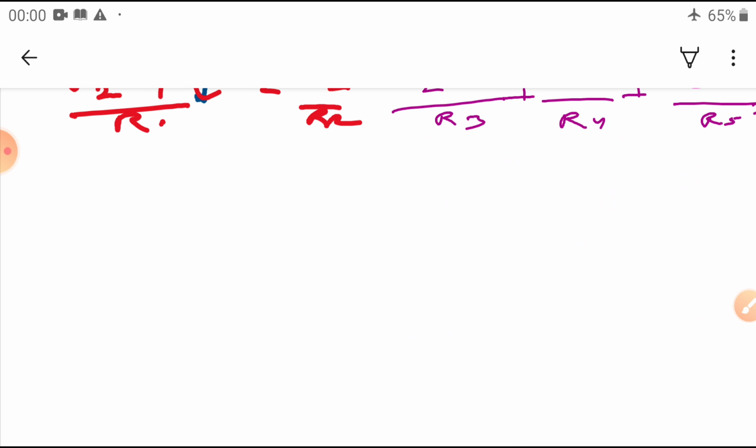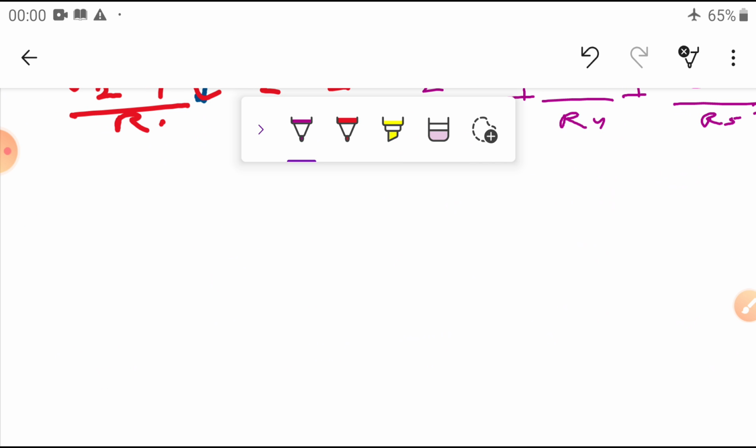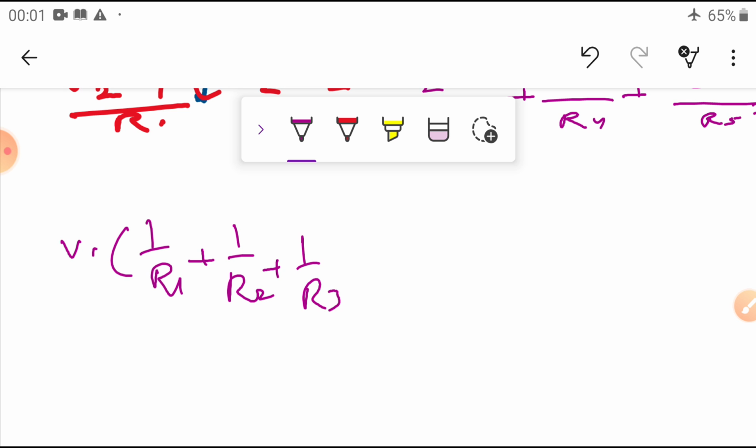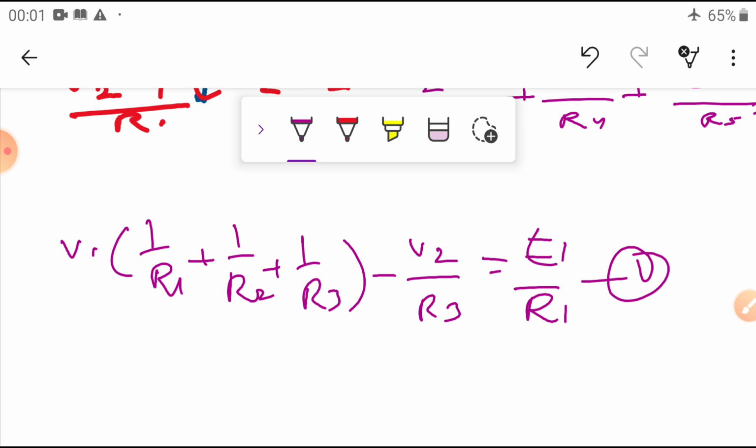Simplifying the first equation, we get V1 (1/R1 + 1/R2 + 1/R3) - V2/R3 = E1/R1. This is the first equation simplification.